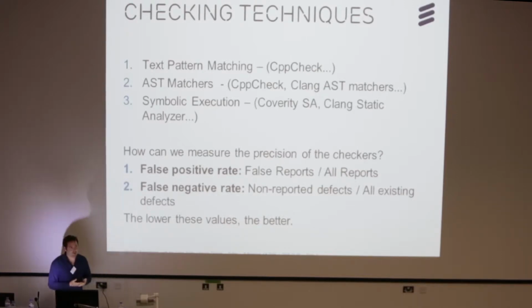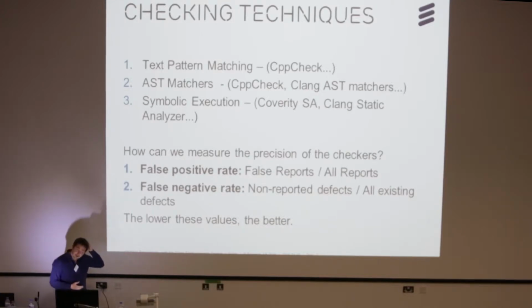Next, more deep analyses are AST matchers that work on the abstract syntax tree, and that enables you to do deeper analysis because you can reason about the types, for example, in your code. And the next level of analysis would be symbolic execution.